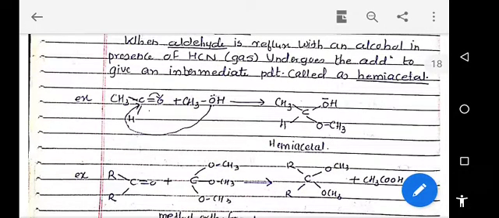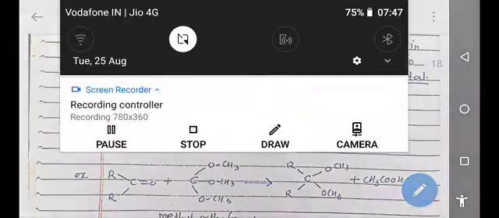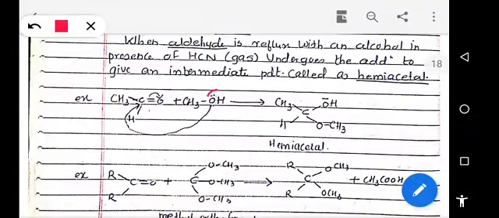Alcohol always attacks from the OH group. Here is the OH group, and at the same time we have the two groups. One is the OH acting as the nucleophilic part, and this carbonyl part is acting as the electrophilic part. Means nucleophilic part gets attack on the electrophilic part, and you will get the hemiacetal.